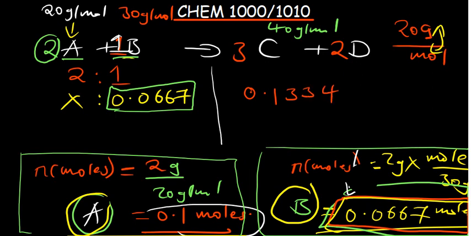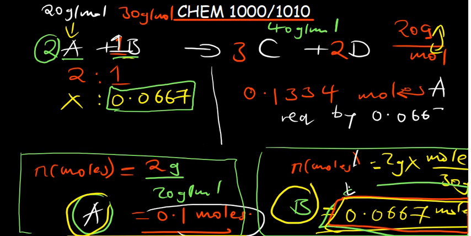So these are like the number of moles of what? Of A. These are the number of moles of A required by what? By 0.0667 moles of what? Moles of B. Are we together there?